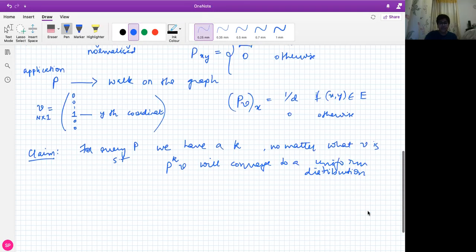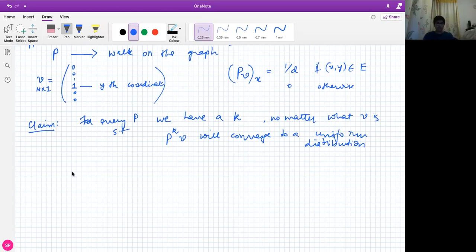That is the claim, and we're going to prove it. When I said no matter what v is, v doesn't have to be concentrated like in this case. It can start with any probability distribution, say p1, p2, ..., pn, on all these vertices.